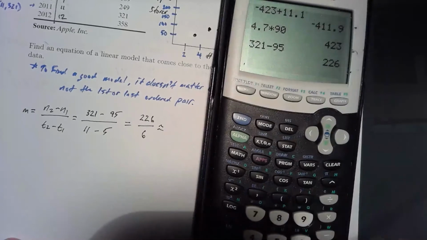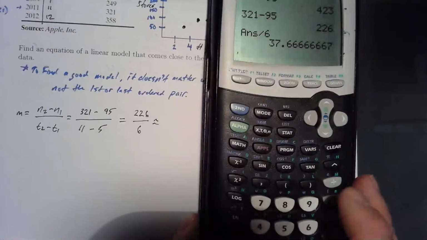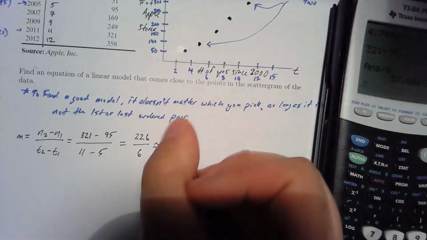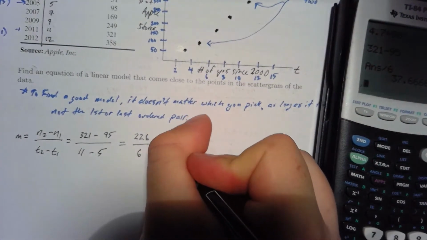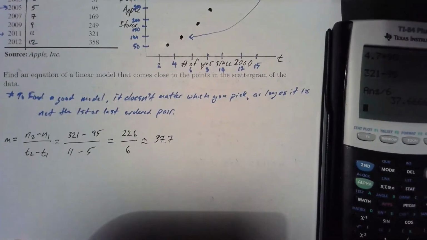So 226 divided by 6 is roughly 37.6. I'm going to round it to the tenths place. I'll round it to 37.7. And so there's my slope.